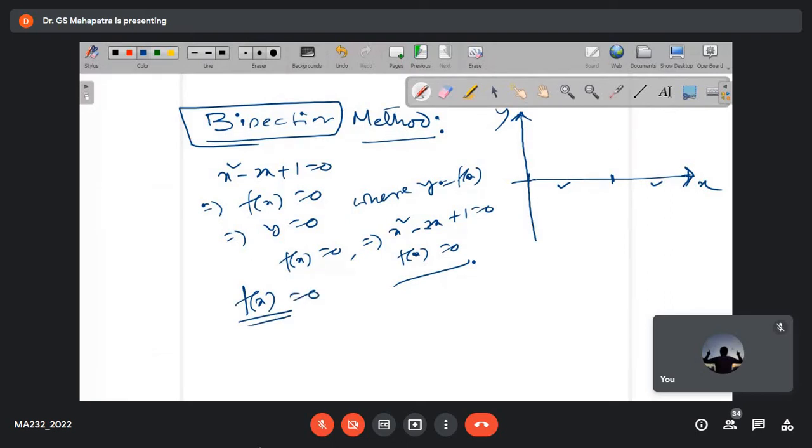Let us consider this way. This is the curve, say y equals to f of x. Now it is given that you have to find a solution of this equation. What is the root and what is the solution?